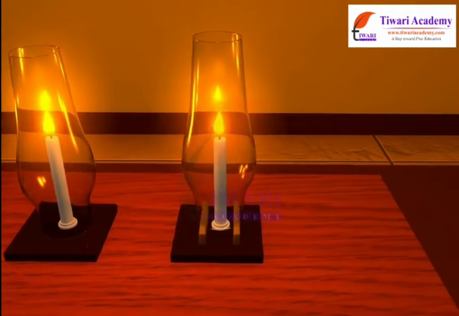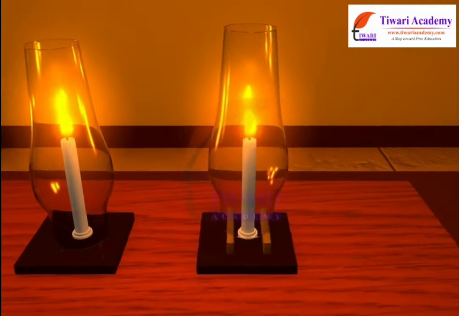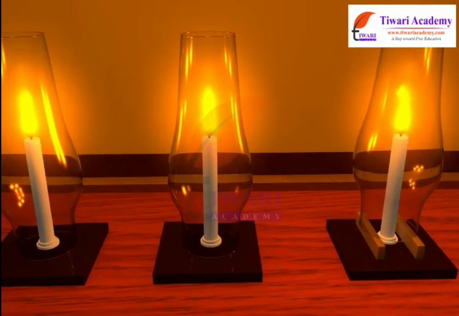The candle burns freely in case A, when air can enter the chimney from below. In case B, where air does not enter the chimney from below, the flame flickers and produces smoke.